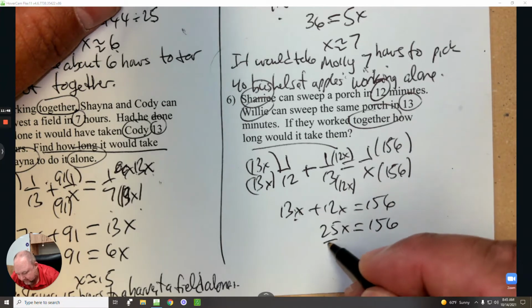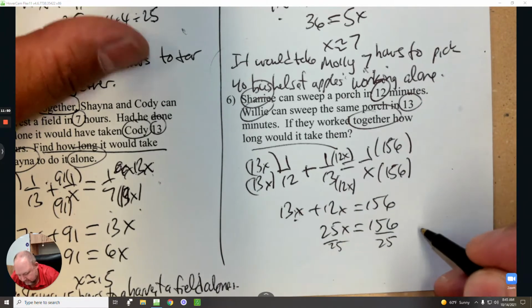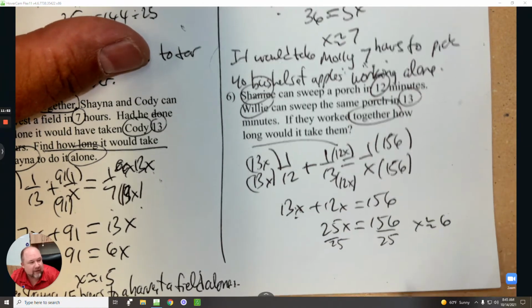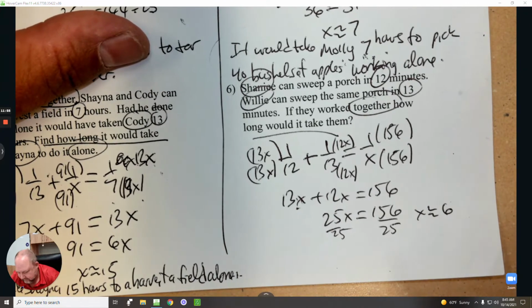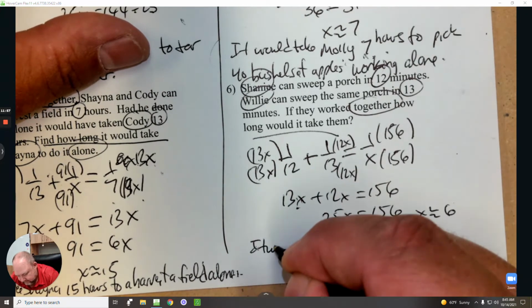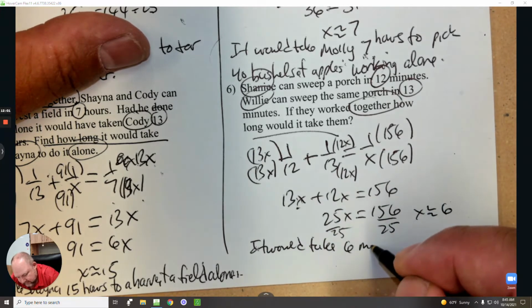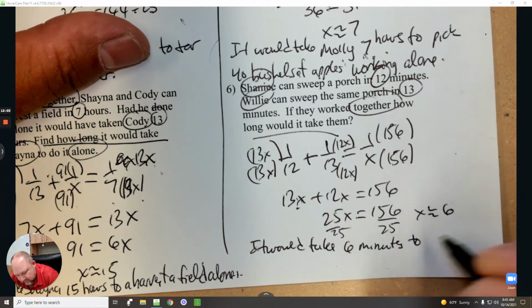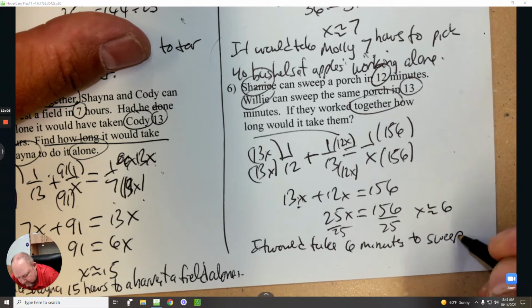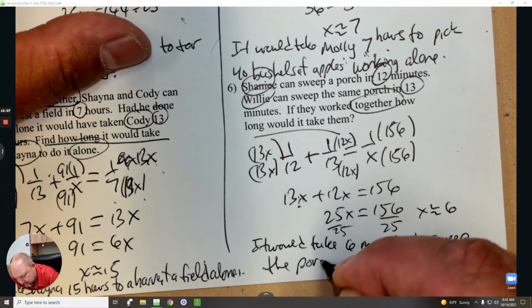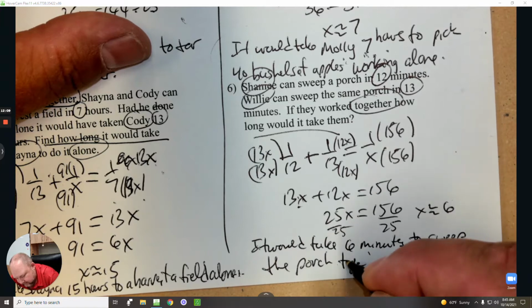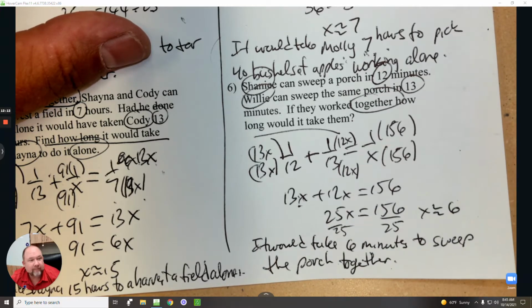So we're going to divide by 25, and the answer is about 6. So it's a little more than 6, but it's close to 6. So it would take 6 minutes, not hours, to sweep the porch together. All right, turn the page.